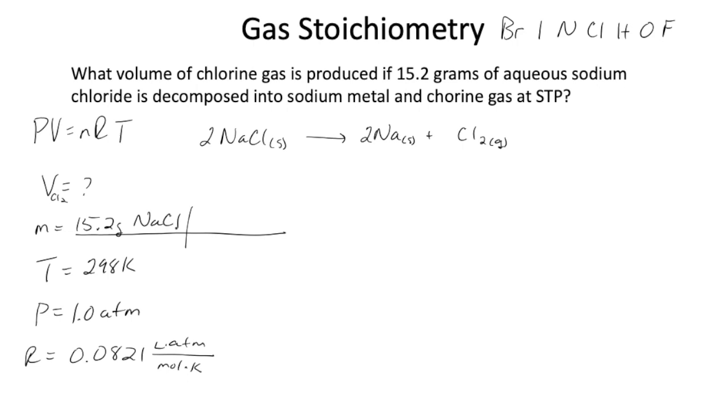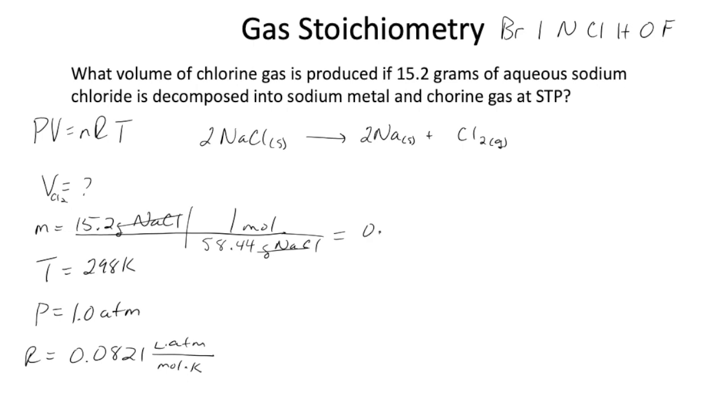If we look at the periodic table, we have 1 mole of chlorine plus 1 mole of sodium, which is a molar mass of 58.44. Since I want to cancel out grams, I will write 58.44 grams of sodium chloride at the bottom and 1 mole at the top.